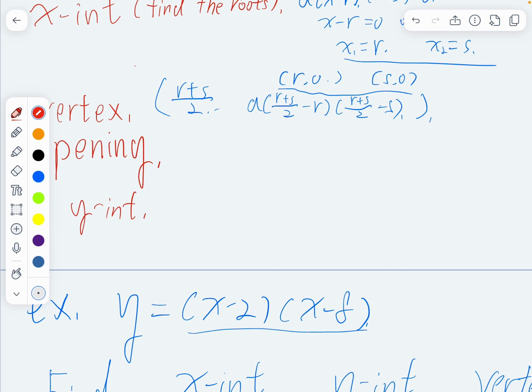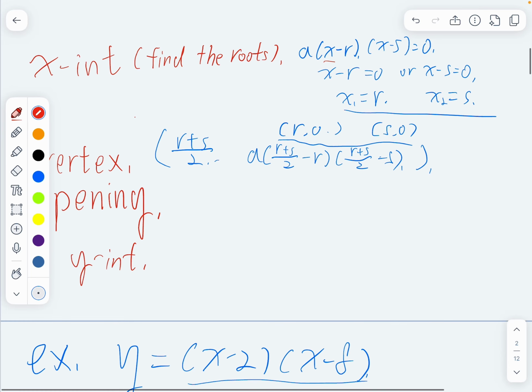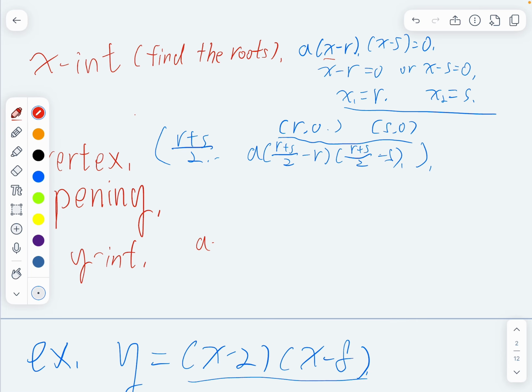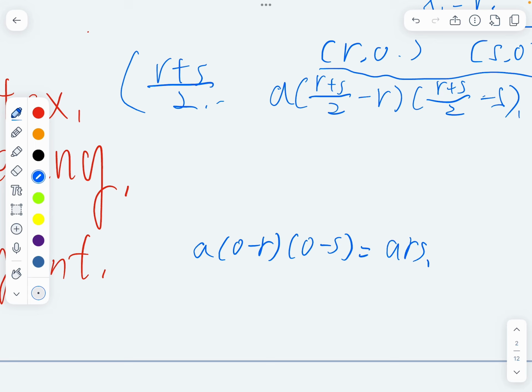We just use x equal to 0, so it's a times (0 minus r) times (0 minus s). So it's a times r times s.